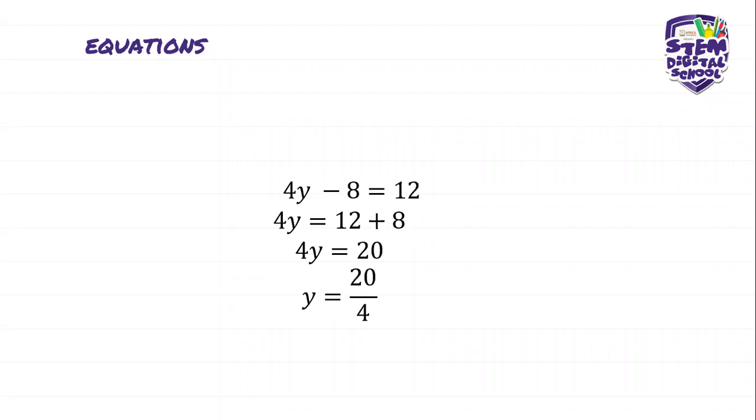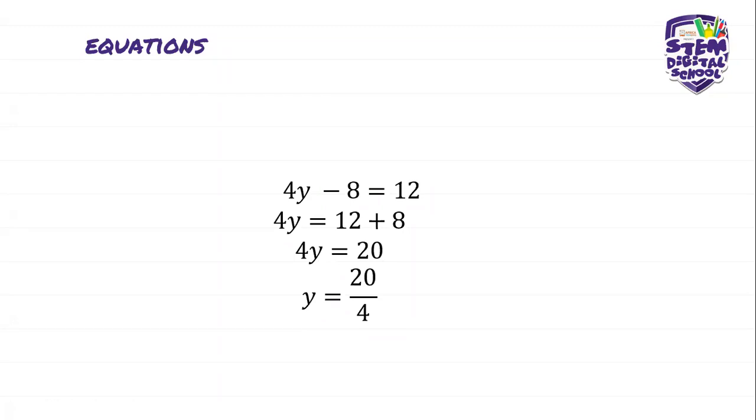Whatever you do in the left-hand side should be done also in the right-hand side. And if you divide 20 by 4 there, you'll definitely get 5. Alternatively, by inspection, you can tell that if you multiply 4 by 5, you should be able to get 20.